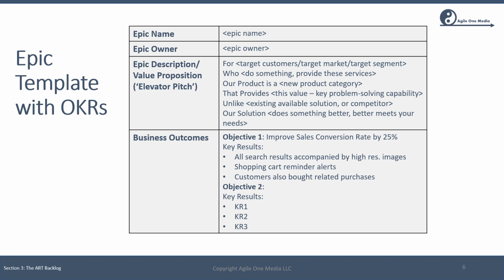And the specific key results, which are very specific and measurable, we have 3 in this for objective 1, namely all search results accompanied by high resolution images, shopping cart reminder alerts, and customers-also-bought related purchase alerts. So these 3 things might be implemented as features in the upcoming PI as part of objective 1.